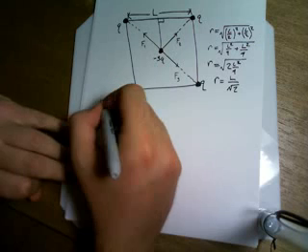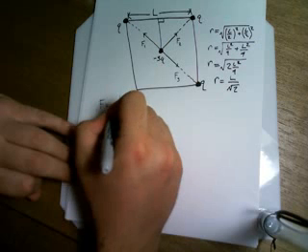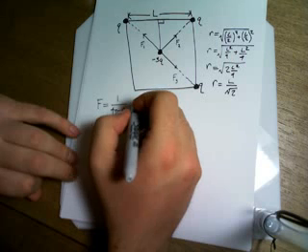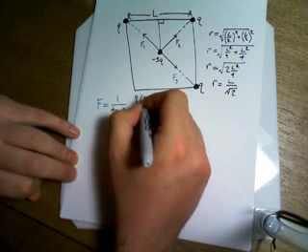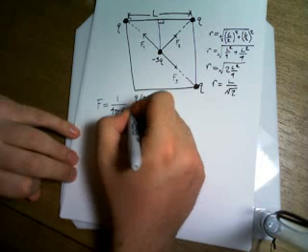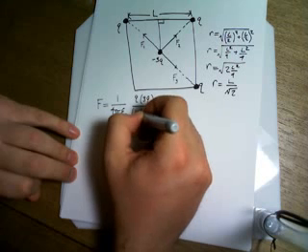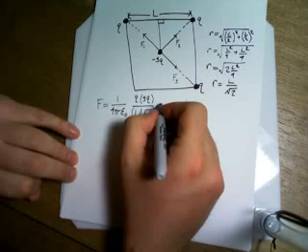So force is equal to 1 divided by 4 pi epsilon naught, multiplied by Q times 3Q over the length divided by the square root of 2, squared.